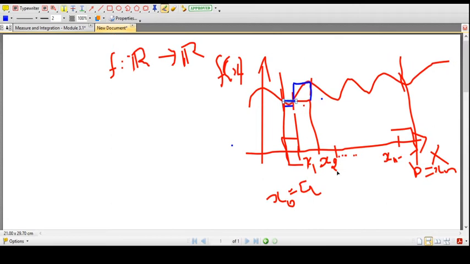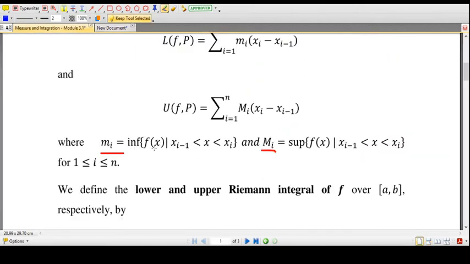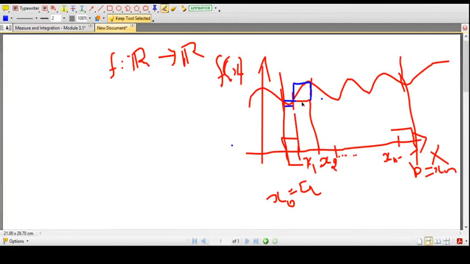Therefore, for each subinterval x i minus 1 to x i, we have the values of f of x. We take the infimum of f of x as the small mi, and the supremum of f of x over the same interval x i minus 1 to x i, we take as capital Mi.